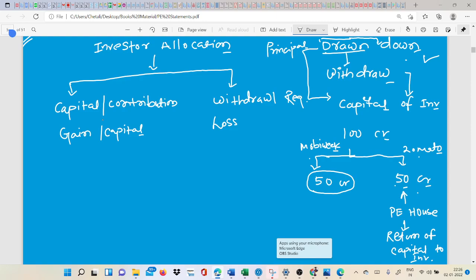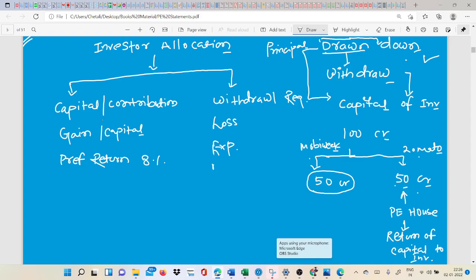Then the income, as a preferred return, here we expect 8%. And on the other hand, expenditures as well.